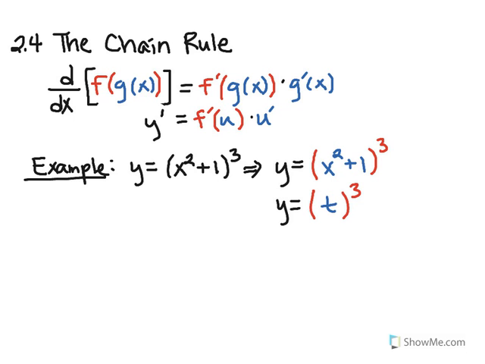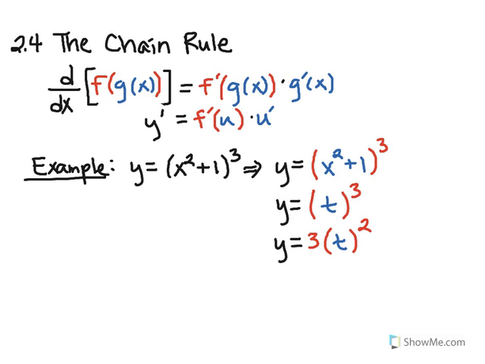So I'm going to go ahead and write that out. Okay. So what you can see here is I have done only my power rule. My inside function is still being left alone.